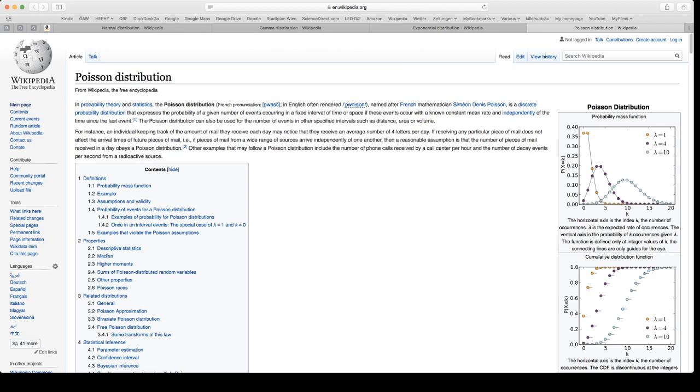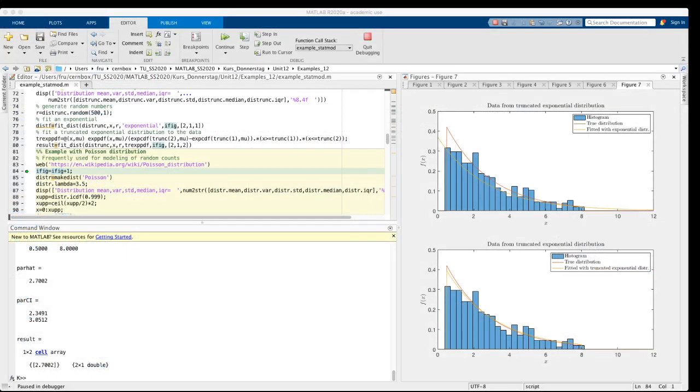For large values of the parameter lambda, which is the mean value, the distribution can be approximated very well by a normal distribution. It has a very important property. The mean value and the variance are identical. Let me switch back to the Matlab window.